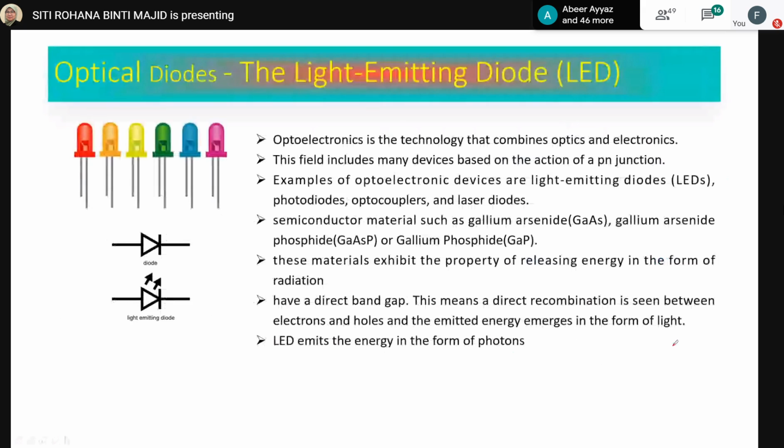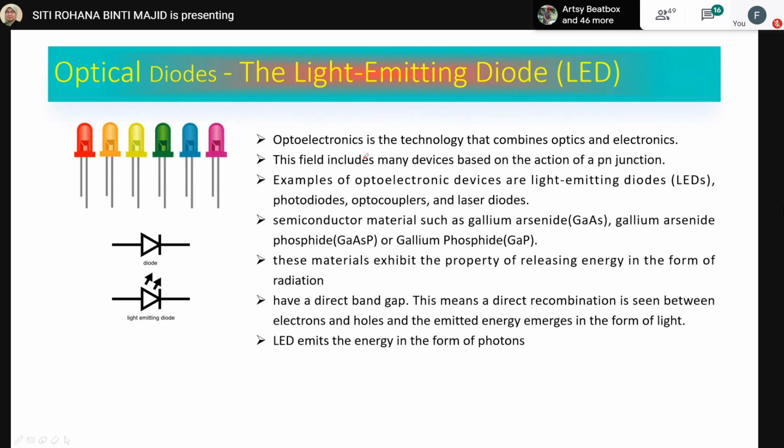Okay, so then we move to another application of diode, which is the light emitting diode. The optical diode has been studied tremendously; the progress of the research is very remarkable in optoelectronics technology, where they combine the optics and electronics parts.